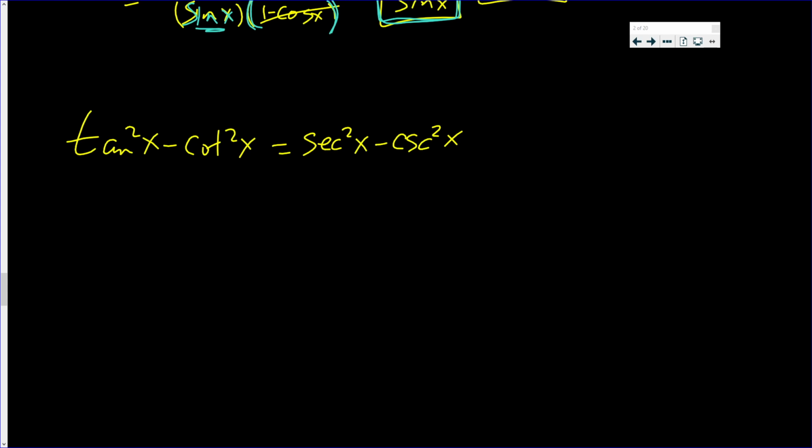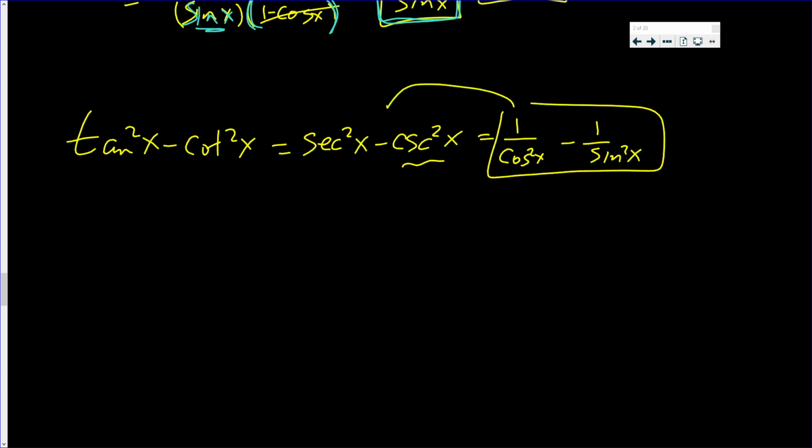I can convert the left-hand side to sines and cosines. Just remember that this right side is 1 over cosine squared x minus, cosecant is 1 over sine squared x. If I can get this, then I say it's that.